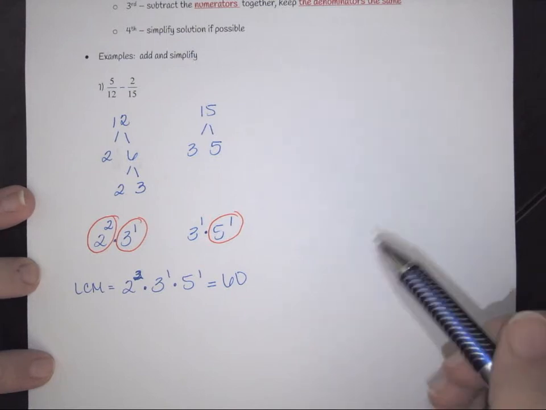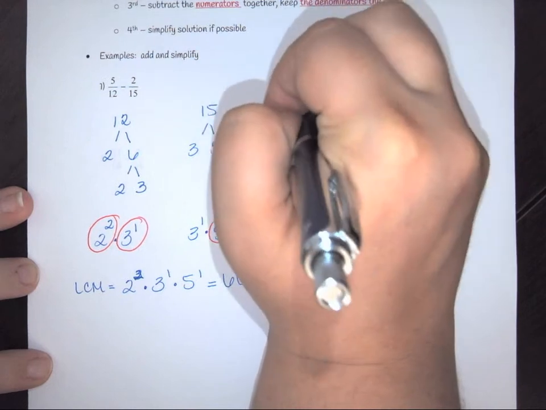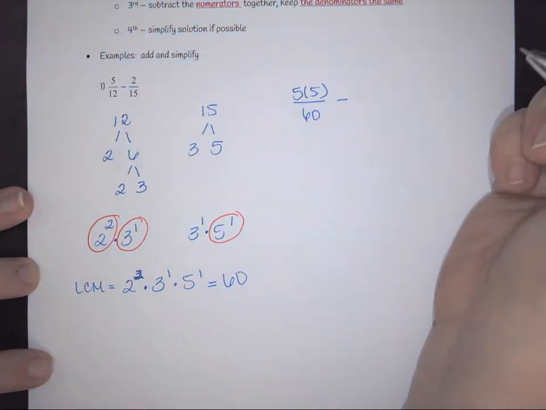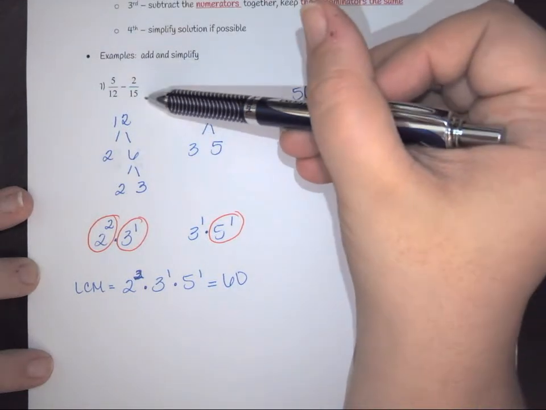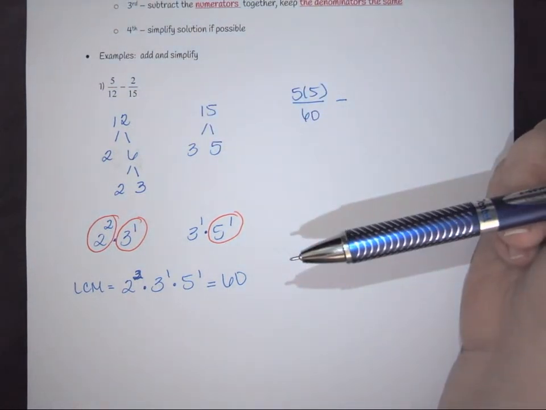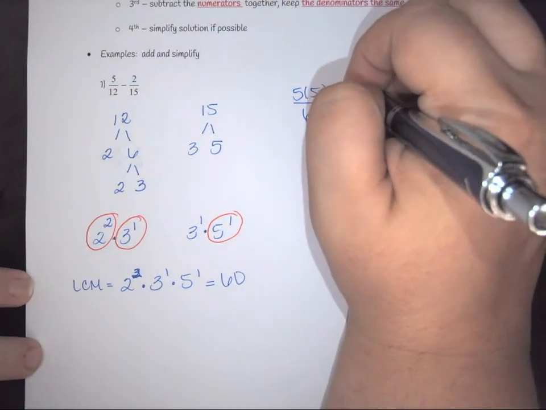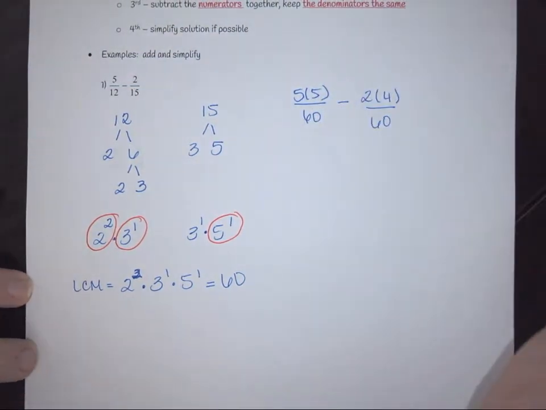Well, 12 into 60 goes 5 times, so this is 5 times 5 over 60, and I'm going to subtract that from 2 times 4 over 60. Turning 15 into 60 says that I have to multiply by 4.